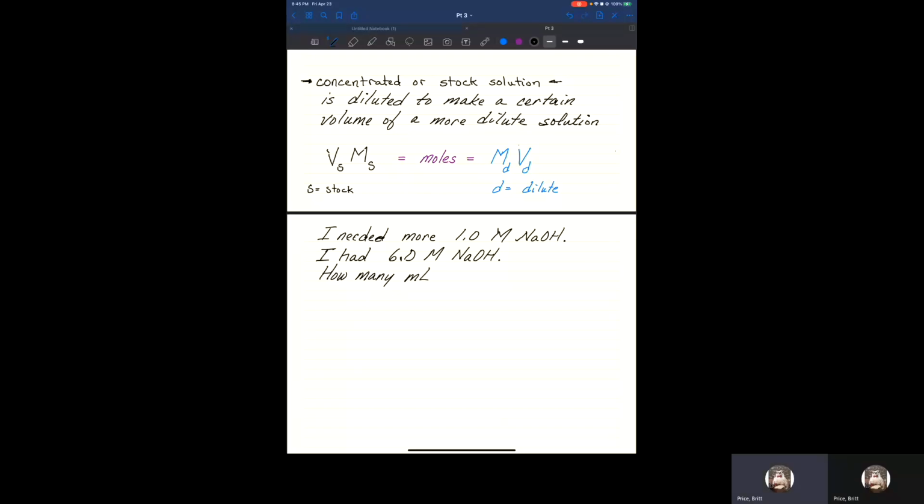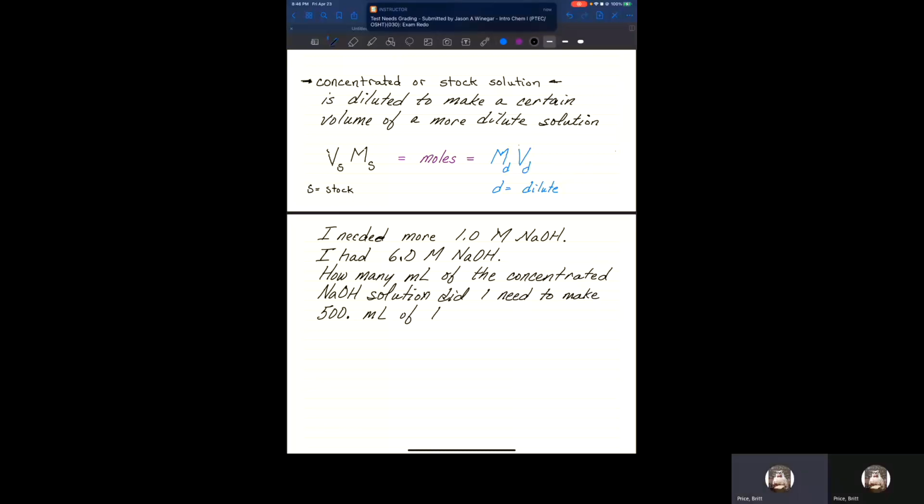How many milliliters of the concentrated base, so how much of that concentrated solution did I need to make 500 milliliters of 1.0 molar NaOH?